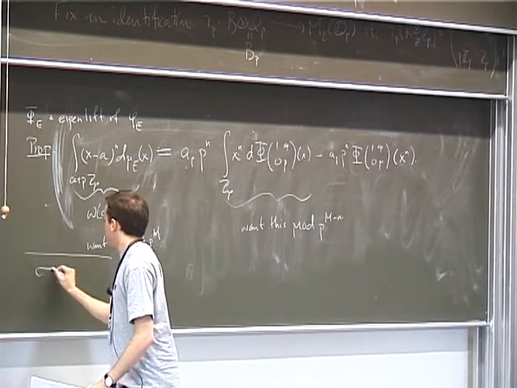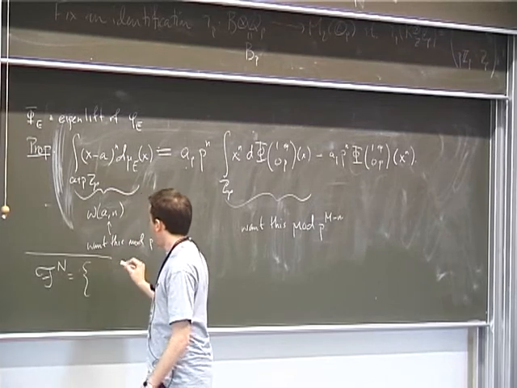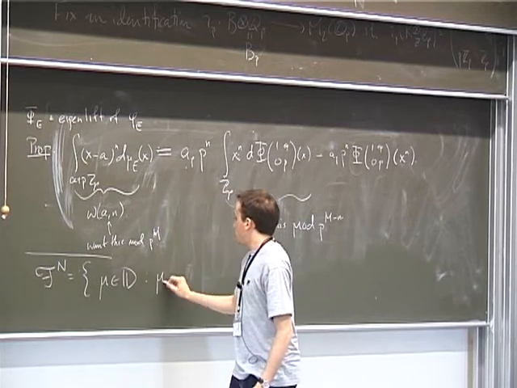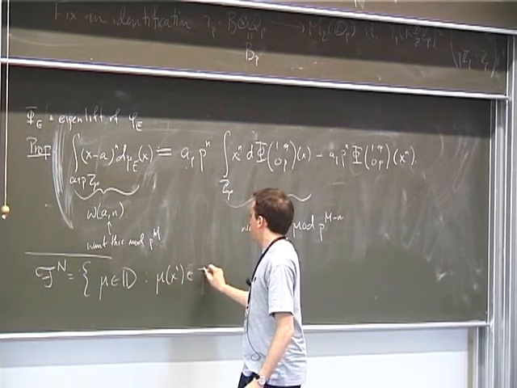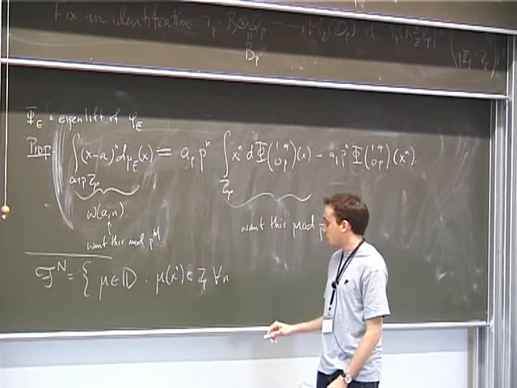So if we define Fn to be the set of all distributions mu in D such that first of all mu of x^n is in Zp for all n. I want to have some integrality condition here so I can approximate.